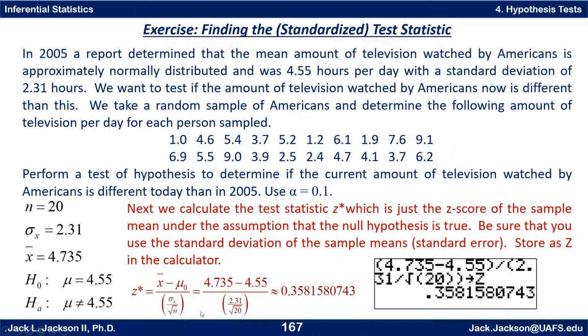We divide by the standard deviation, but this is the standard deviation of the X bar values, which is the standard deviation of individuals divided by square root of n. So that's sigma divided by square root of n, 2.31 divided by square root of 20. That's all in the denominator. Work all that out, and you get 0.3581. Here you can see part of a calculator screen with the same thing. That's our test statistic. In the calculator, I even stored it as z, so I wouldn't have to type all these digits in again.